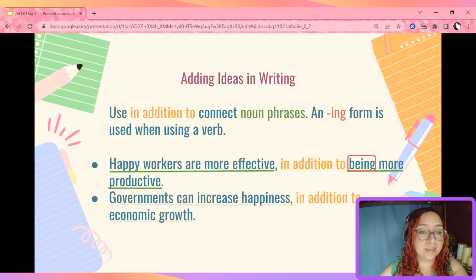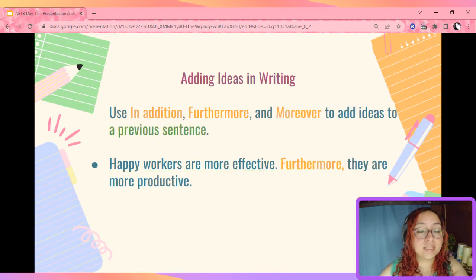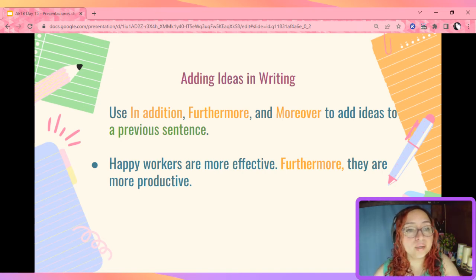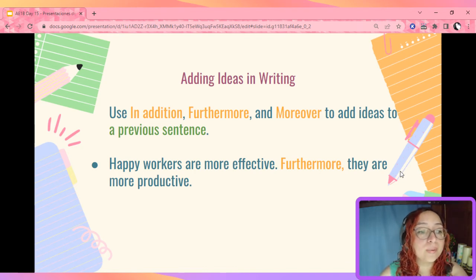Governments can increase happiness in addition to economic growth. Okay, but if you're going to add ideas into different sentences, you can use in addition, furthermore, and moreover. Happy workers are more effective. Furthermore, they are more productive. Here we could also use in addition or moreover, but remember to use a comma after any of these phrases.